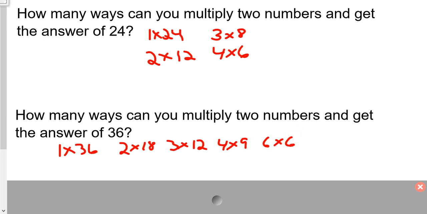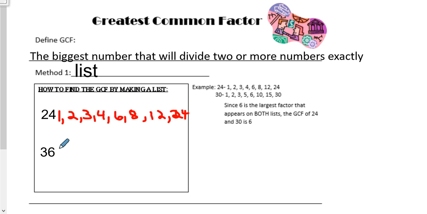So if I list those out, you had your 1, and you can also write this way, 1 and 36. Just write 36 right here somewhere, give yourself plenty of room. Then you had 2 and 18, 3 and 12, 4 and 9, and then of course you had your 6 times 6.